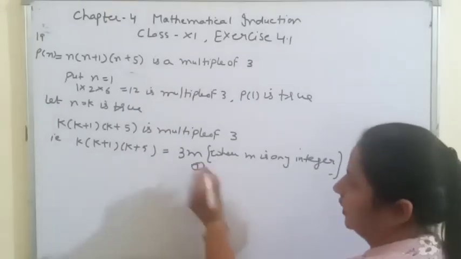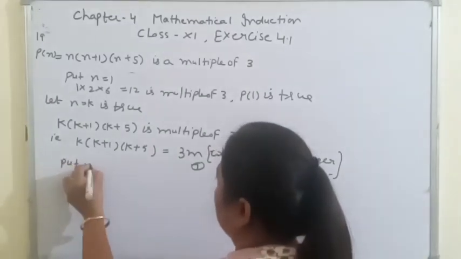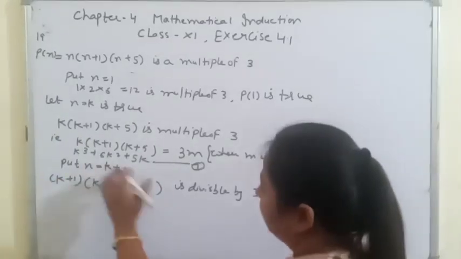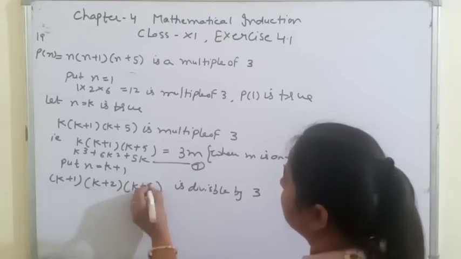Okay, now for the next step, for k plus 1, put n equal to k plus 1. The statement will become (k plus 1)(k plus 2)(k plus 6).